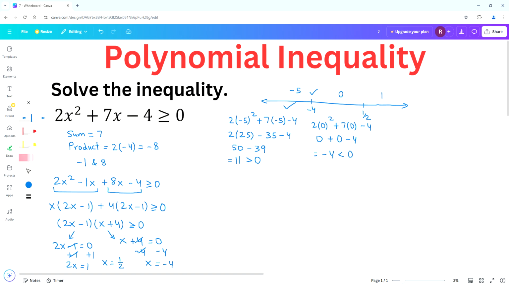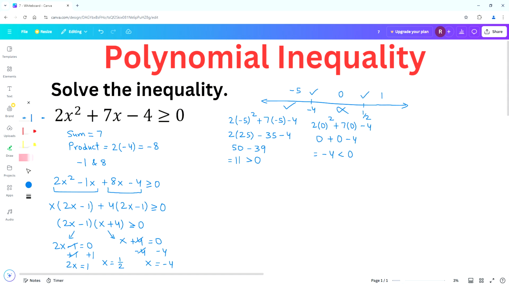Therefore, the inequality is not satisfied in the interval between negative 4 and positive half. At x equals half, the quadratic expression 2x squared plus 7x minus 4 is equal to 0 because x equals half is the x-intercept of this quadratic expression. So x equals half should be part of the solution for this inequality.